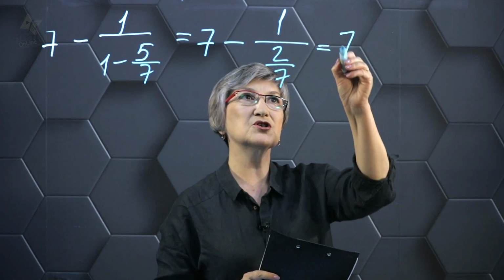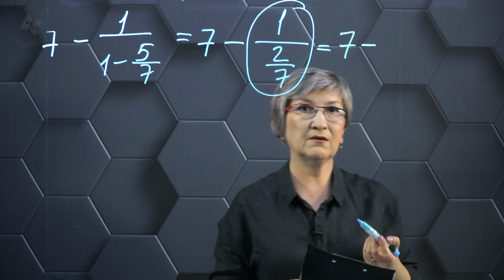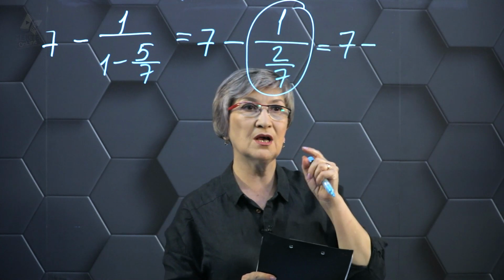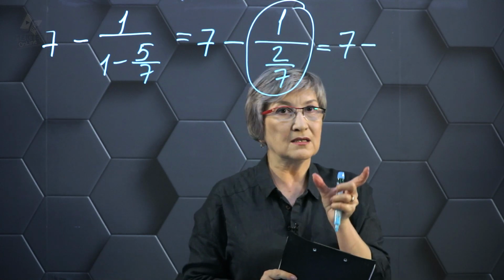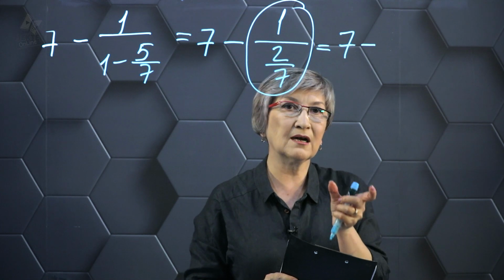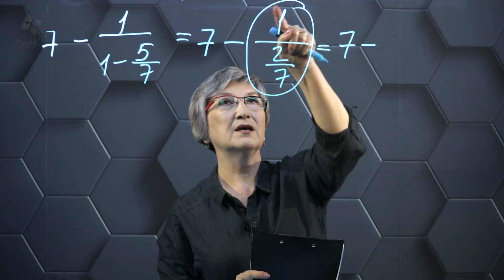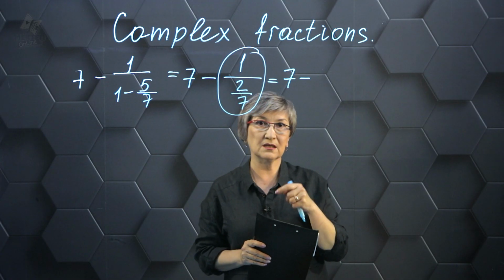Let's write 7 minus. Let's look at the second summand. We said that we need to pay attention to the longest fraction line. Here we see that the unit is the numerator and 2/7 is the denominator.